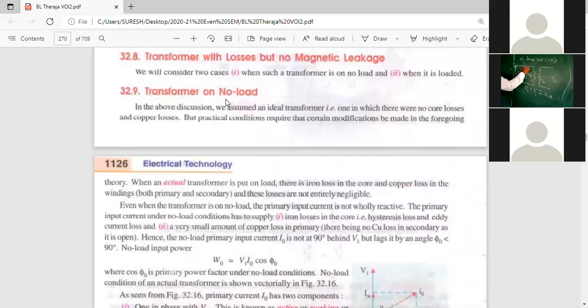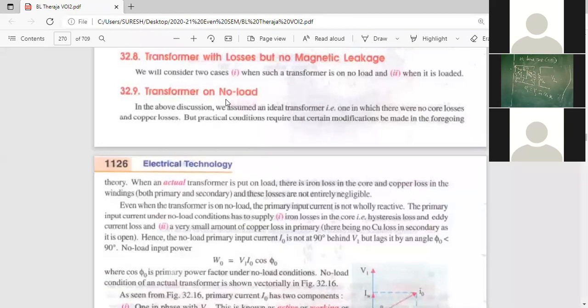That is I naught. I naught is the current flowing here when you apply supply voltage. This I naught is dividing here. These two are parallel, RE and XM are parallel. This current will divide at this node point as IE and IM. Write down.